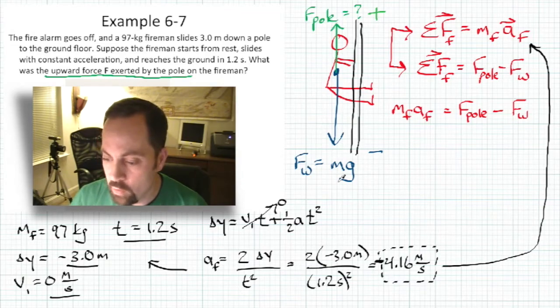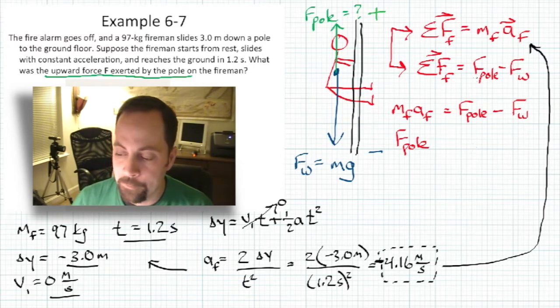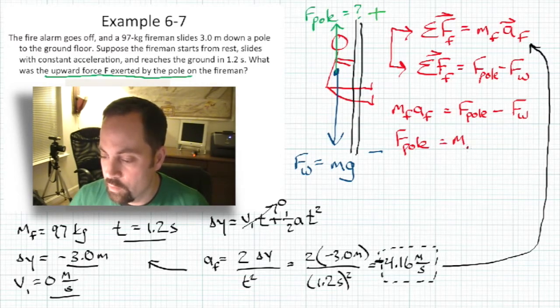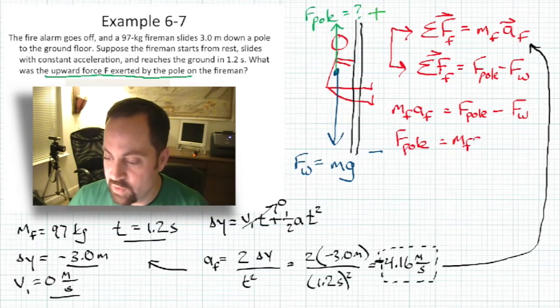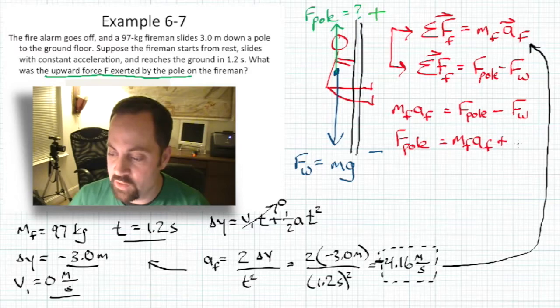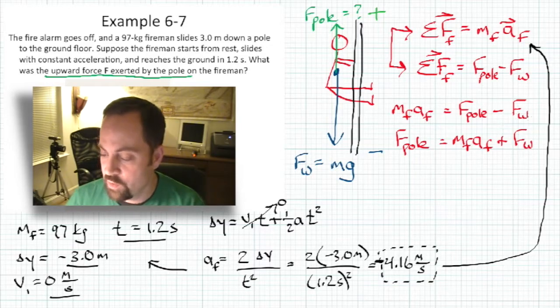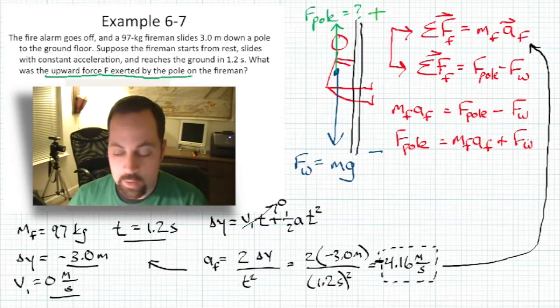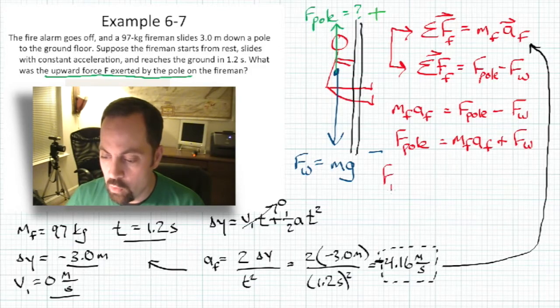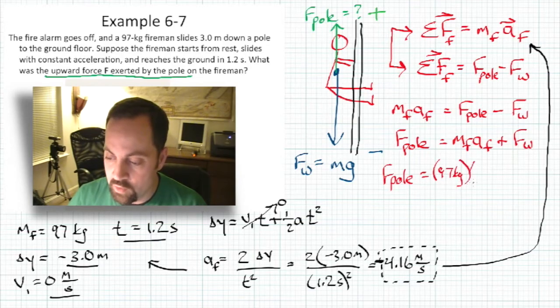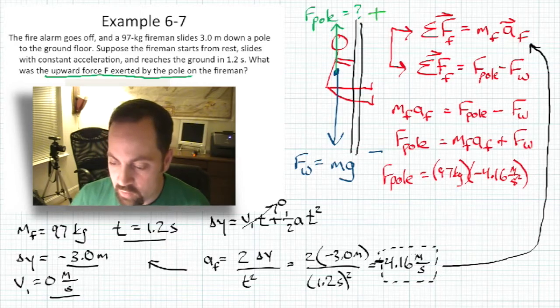So the force from the pole, caused by friction really, is going to be the mass of the fireman times the acceleration of the fireman plus his weight force, which is really mg. Force of the pole equals 97 kilograms times negative 4.16 meters per second squared. I didn't even put a square there.